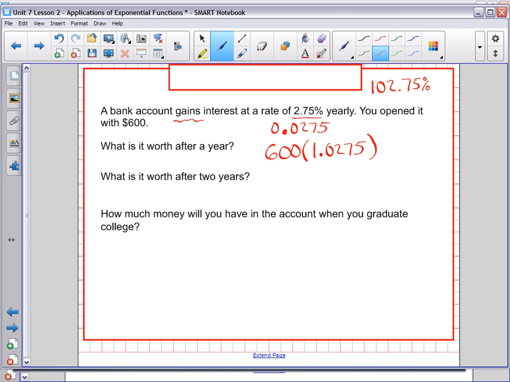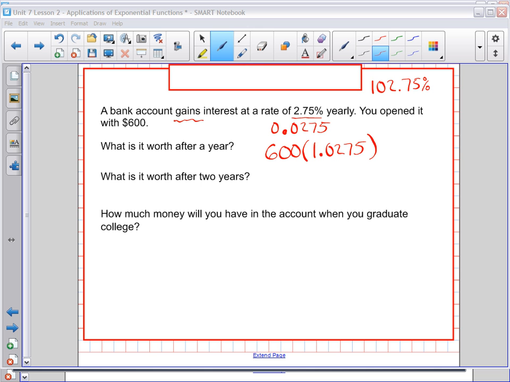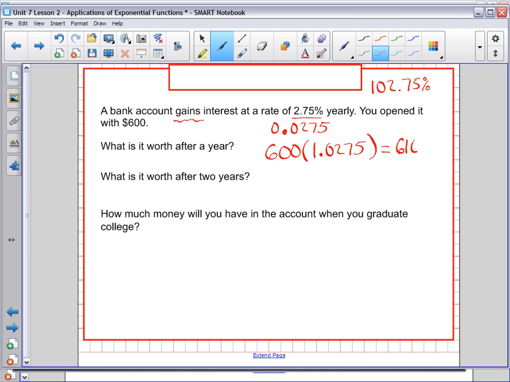Doing that once is going to give us our value after 1 year. That value is $616.50. I'd like it if you would always write monetary answers to 2 decimal places and always rounding down the last penny.